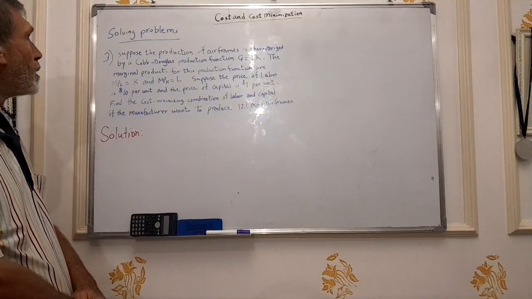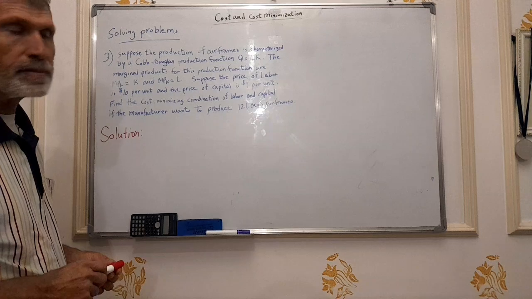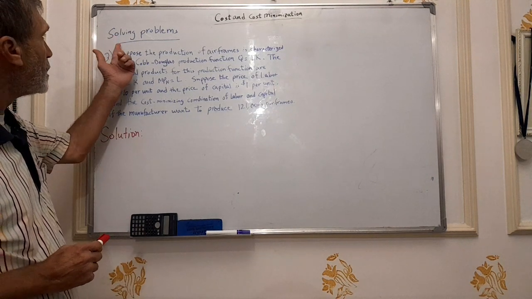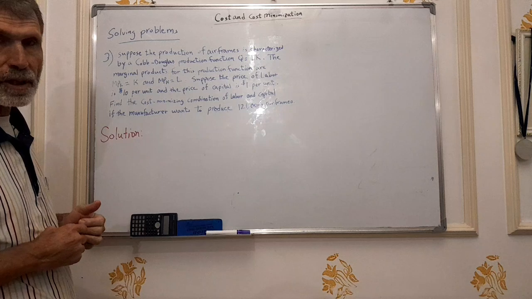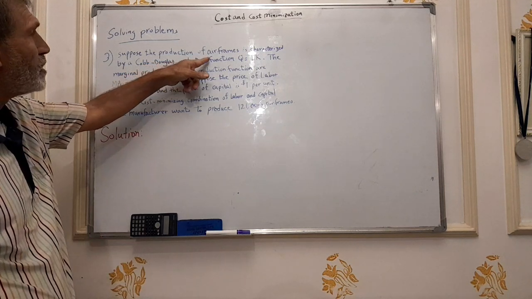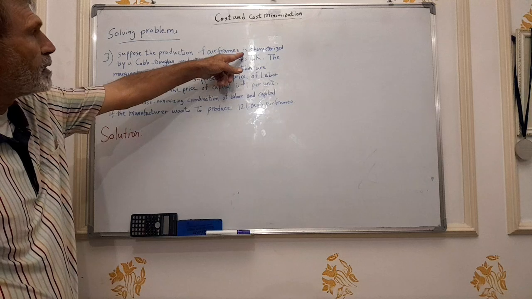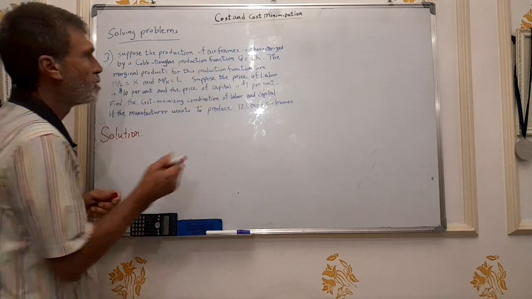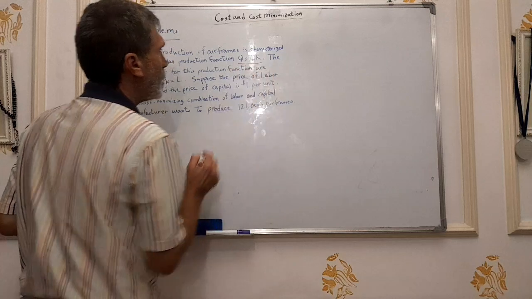Okay. Now we have another problem, under the part which is solving problems. The problem says, suppose the production of airframe is characterized by a Cobb-Douglas production function, which is Q equals LK.